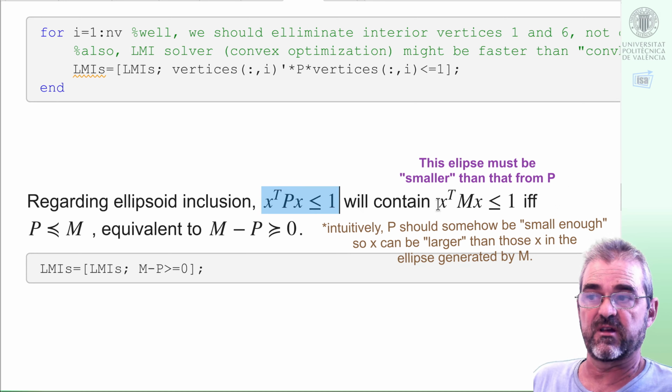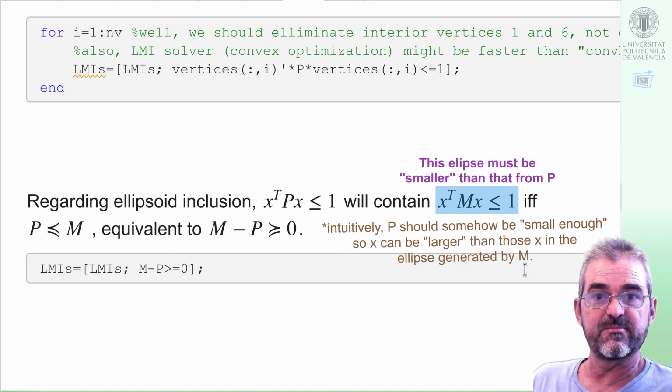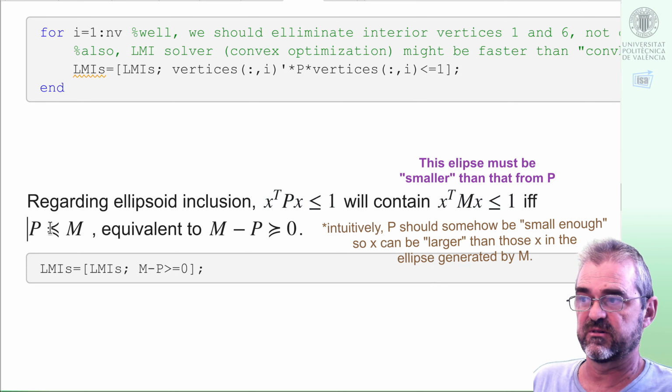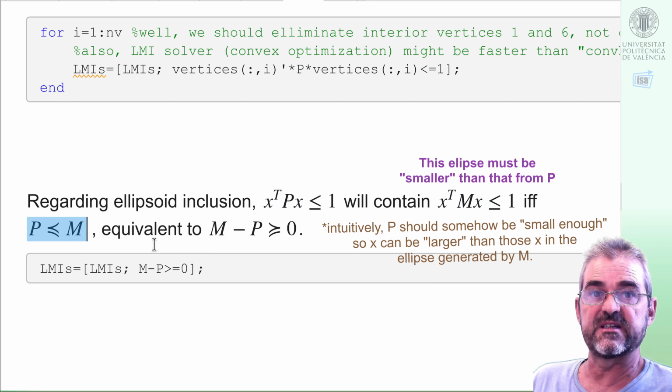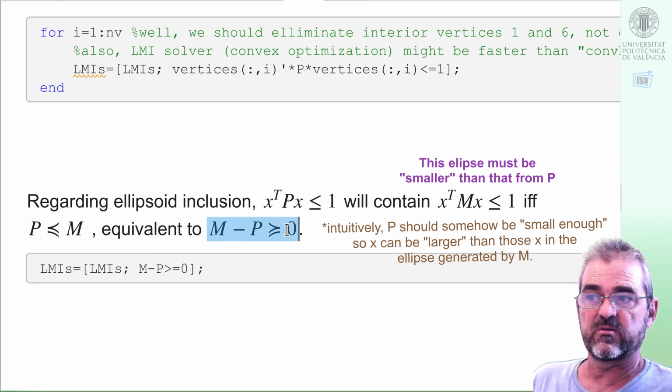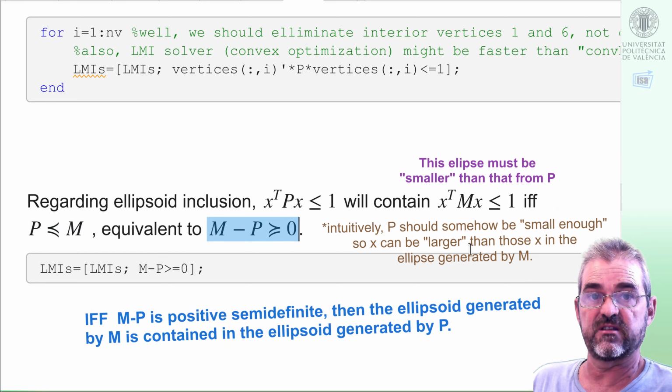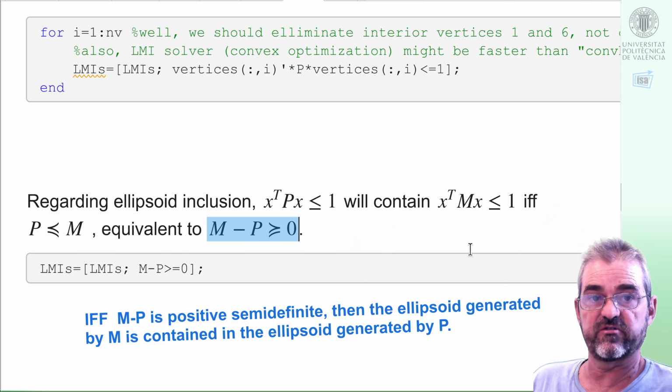So the small ellipse will need to have the larger matrix, so matrix M must be larger than matrix P, formally interpreted like this: M minus P must be a positive definite matrix, and this condition is necessary and sufficient for ellipse P being larger than ellipse M.